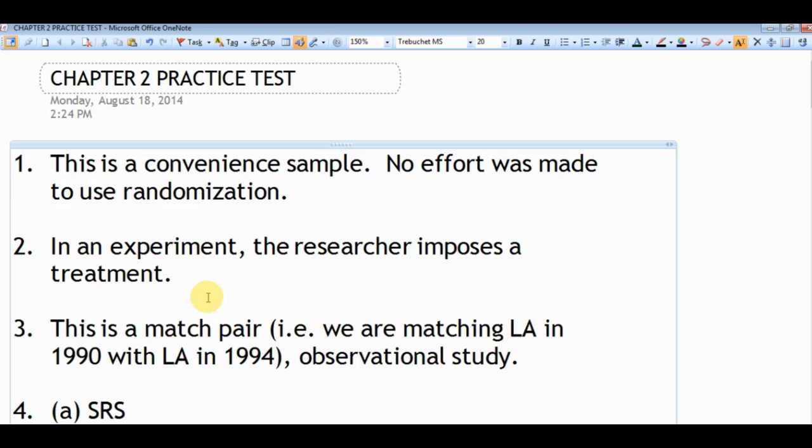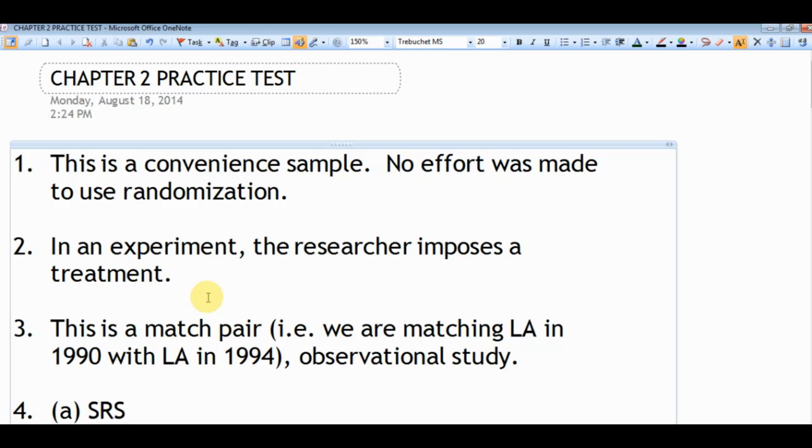Okay, next. How does an experiment differ from an observational study? The biggest difference between the two is that in an experiment, the researcher needs to impose a treatment. You have to tell the subjects what to do.